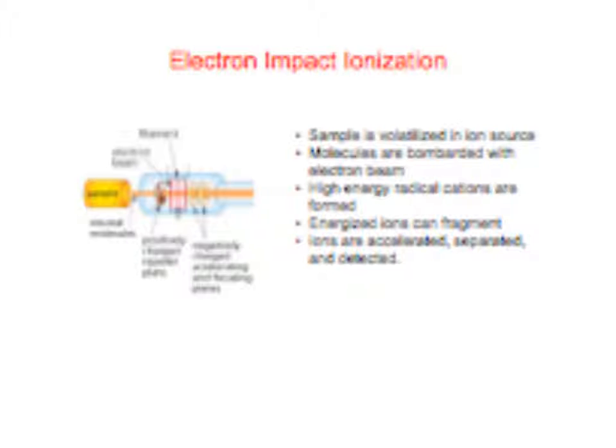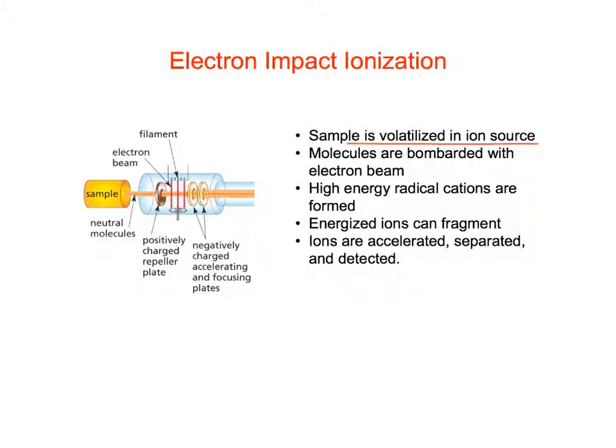So the ionization, this is just a blow up of this ion chamber. Okay, so in EI ionization, the sample's volatilized, like I mentioned. The molecules go into this vacuum chamber. In fact, what you have to do is usually put the sample in a little tiny glass tip, and it goes on to the tip of a probe, and the probe goes inside, and it has to be sealed against the vacuum.